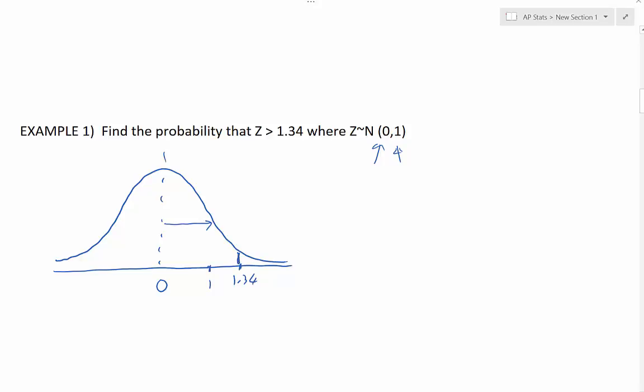And we want the probability of it being bigger than that. So it's a right tail. The problem is that the tables only give us the left-hand probabilities. So if we can work out all this, then the answer to this is 1 minus that. So I need 1 minus what I'm going to look at in the tables, which is phi of 1.34.